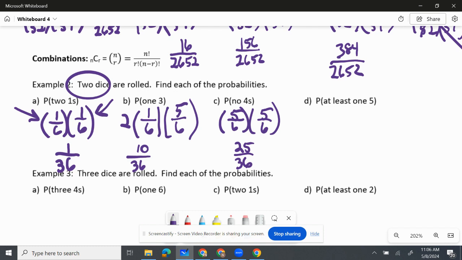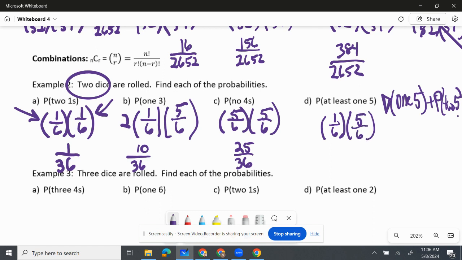At least 1 five. At least 1 five means it's the probability of 1 five plus the probability of 2 fives. So the probability of 1 five would be 1 out of 6 times 5 out of 6, and we times it by 2 because there's 2 ways that it can happen.